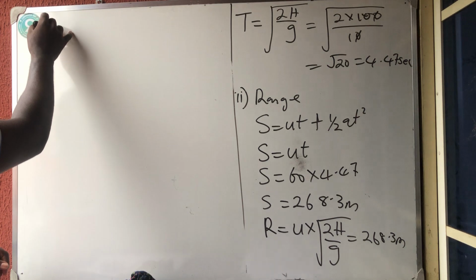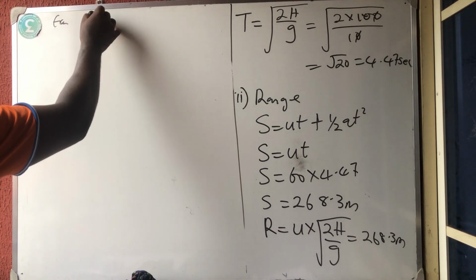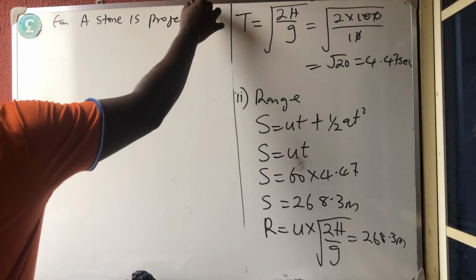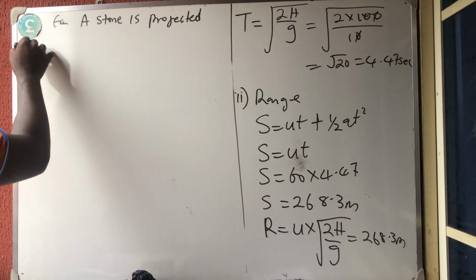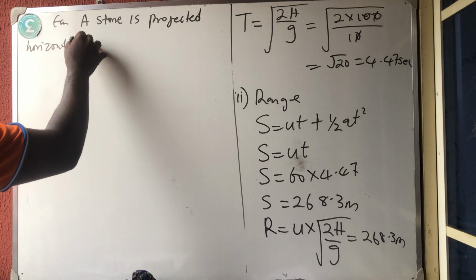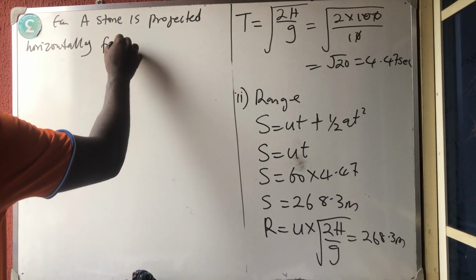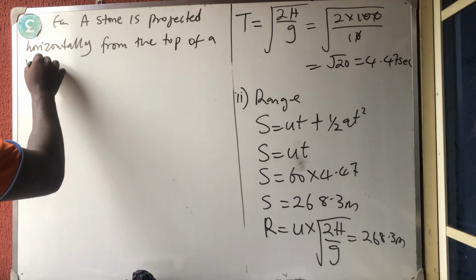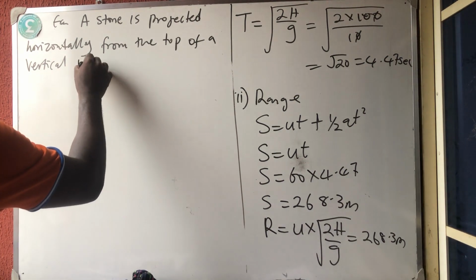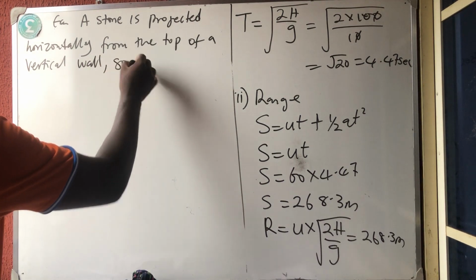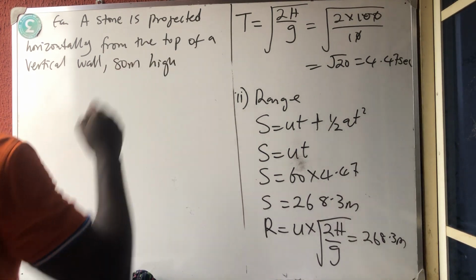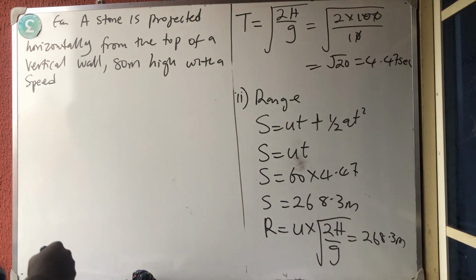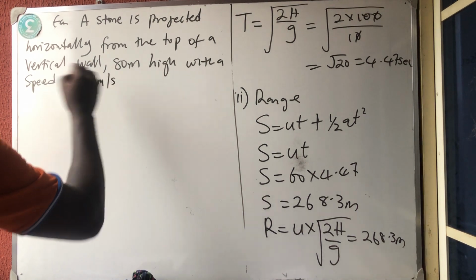Example 2 said a stone is projected horizontally from the top of a vertical wall, 80 meters high, with a speed of 12 meters per second.